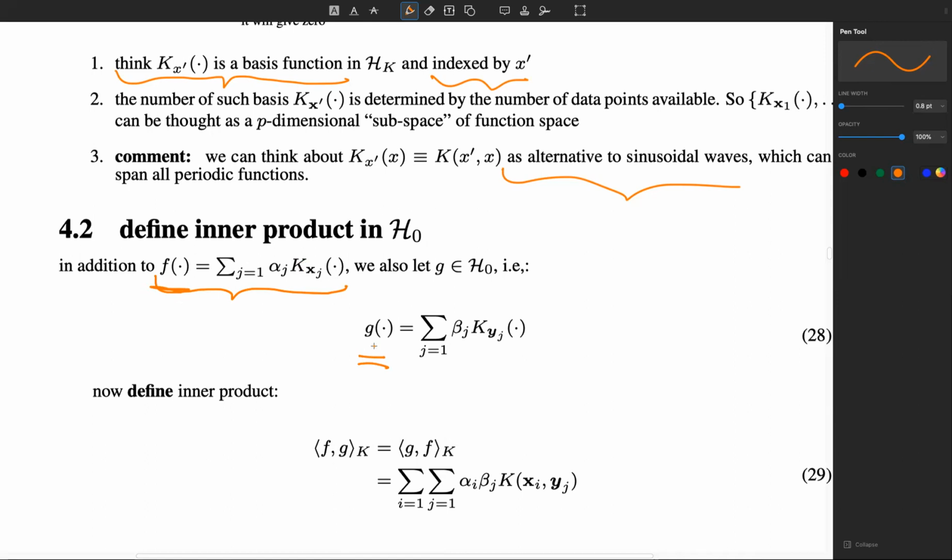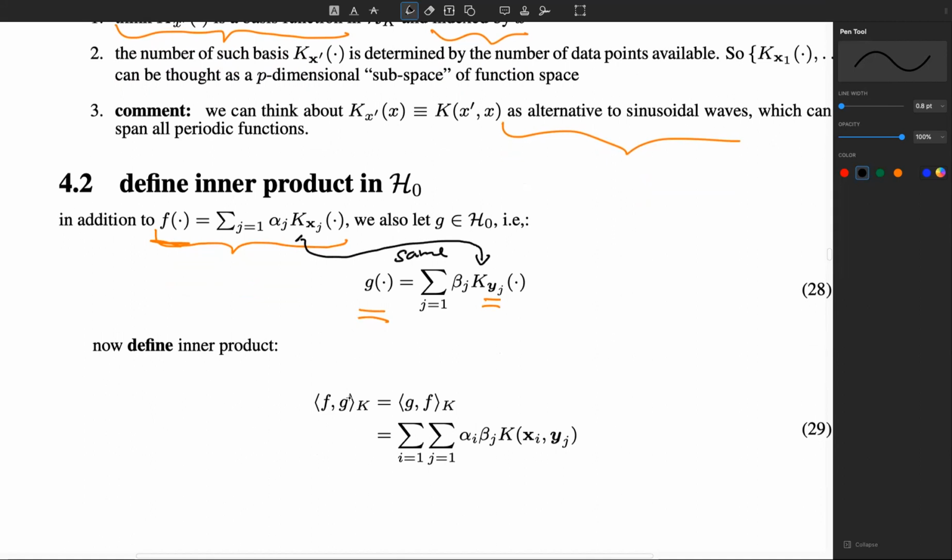It's just that G will be using a different set of basis functions, parameterized by Y, for example. But you are using exactly the same K, because F and G both reside in the RKHS, which uses K, the kernel function that defines your RKHS.